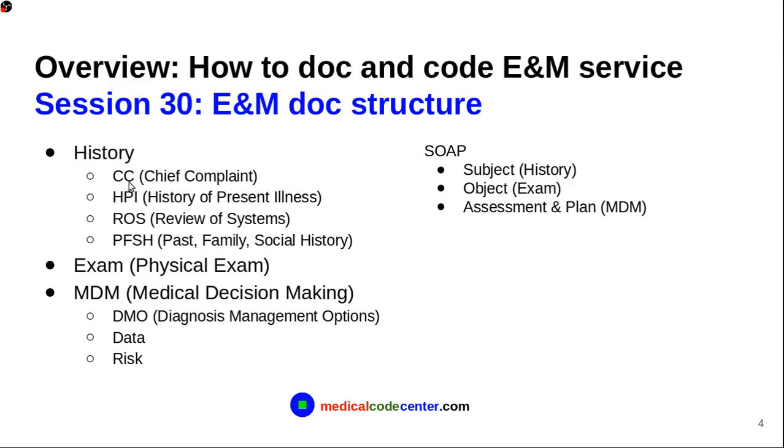The first one is CC, which stands for Chief Complaint. HPI, history of present illness, ROS, review of systems, and finally PFSH. P stands for past, F for family, and S for social.